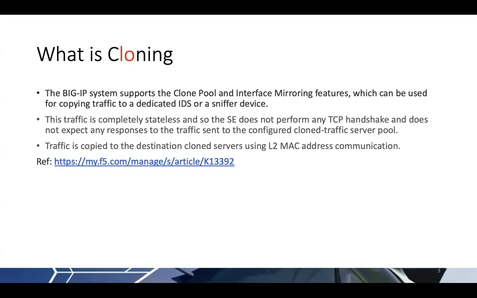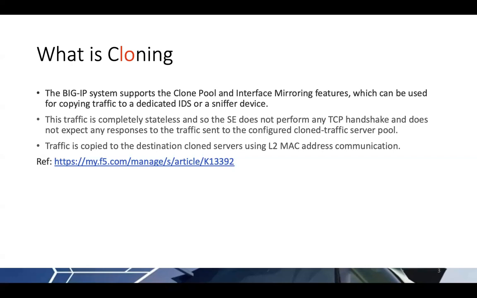F5 suggests the preferred method is to perform cloning on the pool itself rather than sending the entire data of a load balancer over an interface. It's better to send only the interesting traffic. Let's suppose we have a couple of pool members or certain web virtual servers which are critical to your organization, and the IDS and IPS need to monitor those systems.